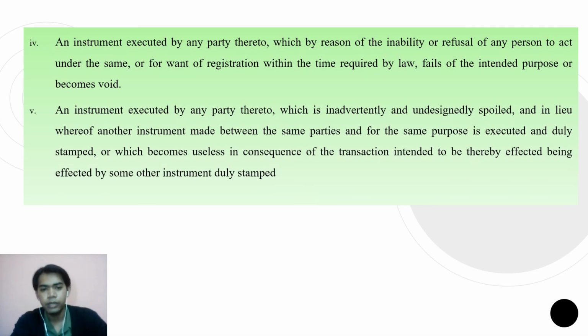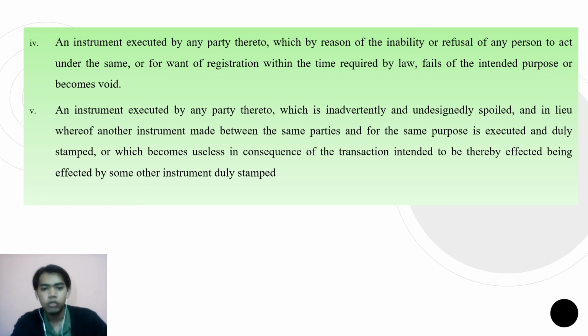Number 4, an instrument executed by any party thereto, which, by reason of inability or refusal of any person to act under the same or for want of registration within the time required by law, fails of its intended purpose or becomes void.